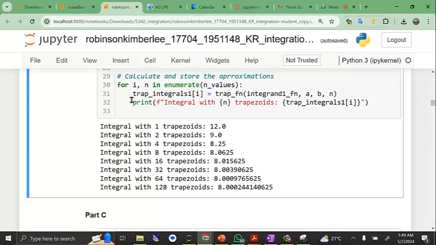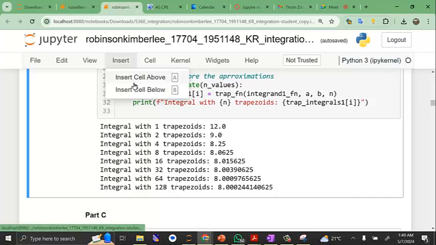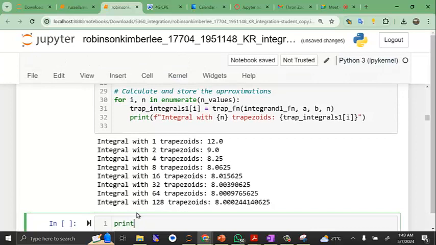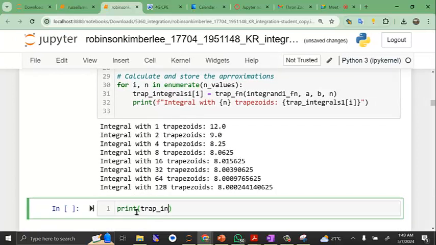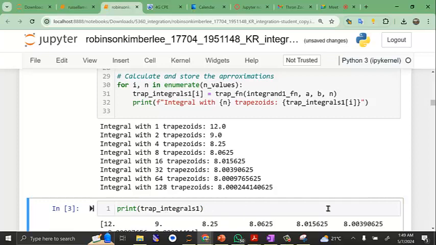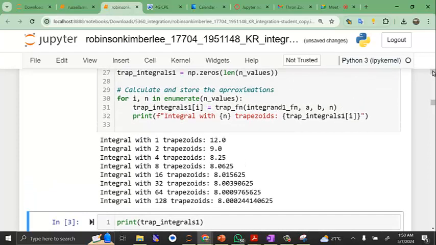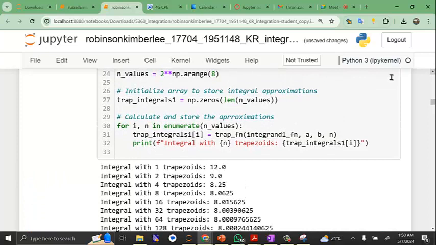Let me just add a cell below. All right, so this is a single list. So I think you actually should not need a loop there. You should be able to do that without a loop because it's actually a single Python or NumPy array.